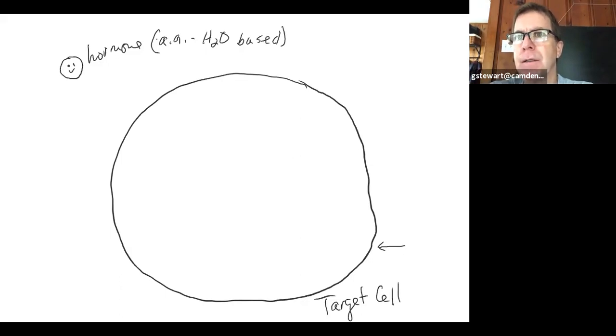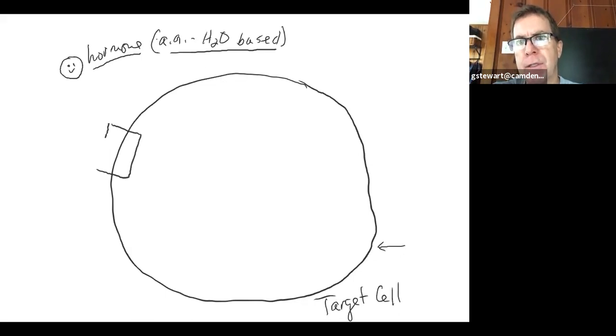Water-based things cannot just enter target cells. So in this case, an amino acid water-based hormone cannot enter the target cell itself. It must bind to a receptor out here specifically for that hormone.